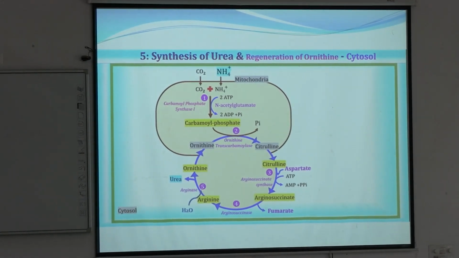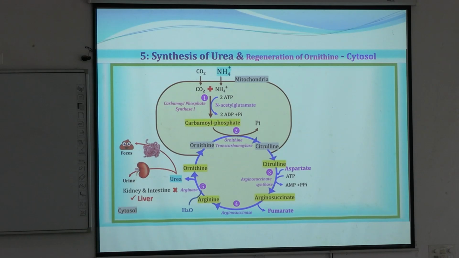Okay, so why is this cycle, the urea cycle, also known as the ornithine cycle? Is it clear now? From the second step to the fifth step, ornithine is involved. Without ornithine, citrulline will not be formed, and without forming citrulline, urea will not get released. Okay, clear?